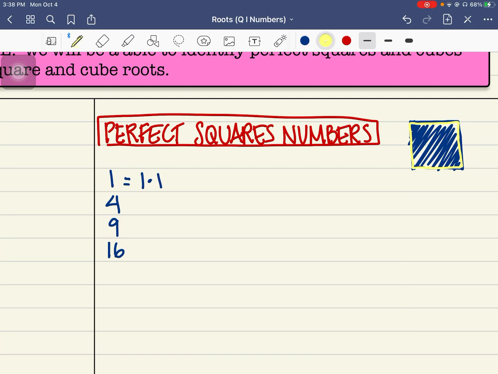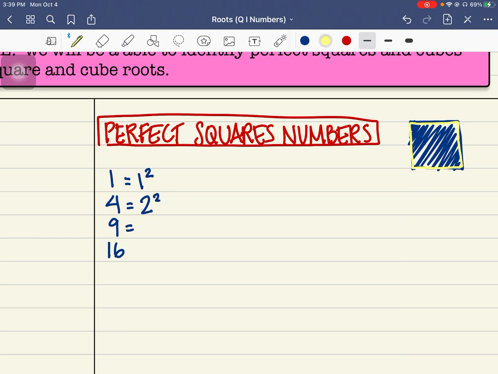So if 1 is a perfect square here, that means it was 1 times 1, or 1 squared. For 4, if I look over here at my square, that's because it was 2 times 2, so this is 2 squared.